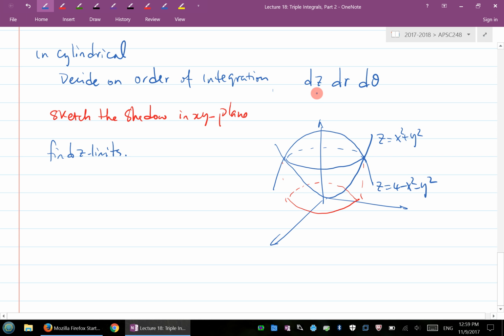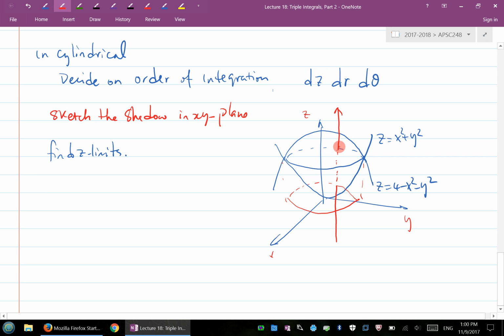Very similar: starting from any point inside this shadow, you draw an arrow line through that point and through this region D, just like Cartesian. You draw in the z-axis direction, and your first contact gives you z min. The second contact gives us z max.